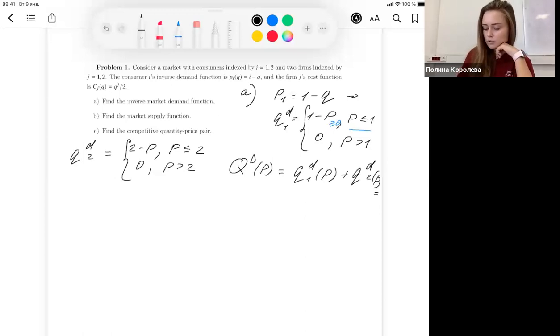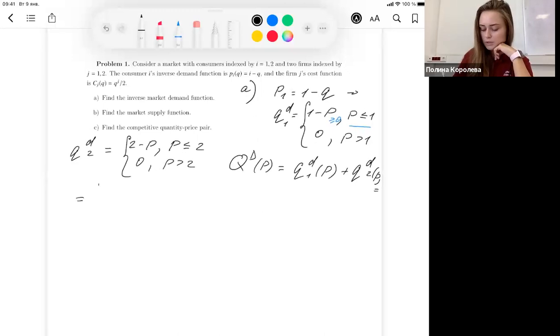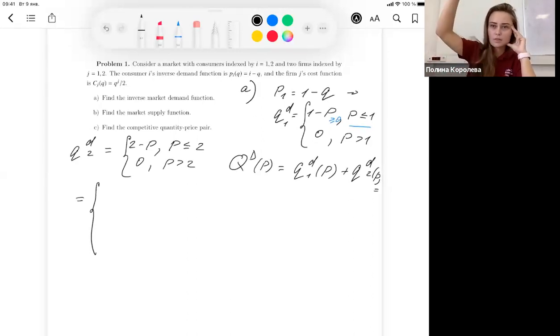So how we should sum up our demand functions? This will be system of equations. Yes, and we should start, when we sum up demands, we start from price infinity and then go lower to price 0.